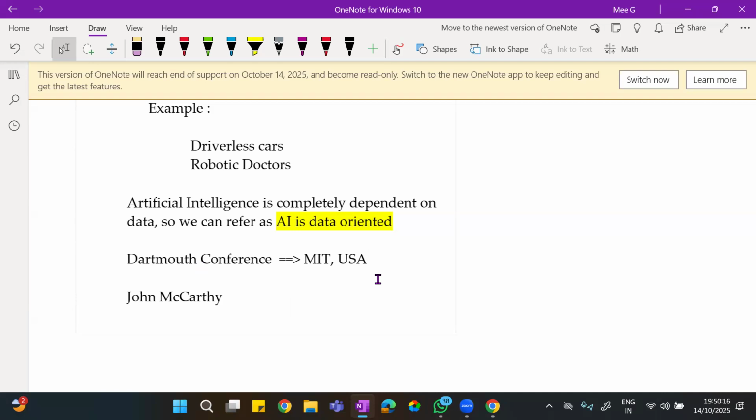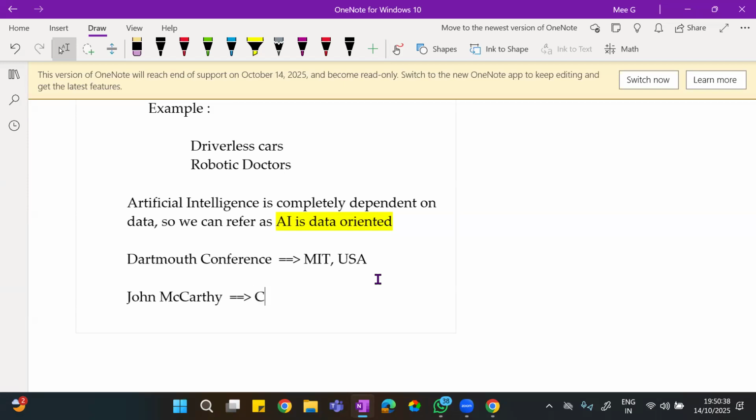We call him John McCarthy, and he came down and started explaining about passing intelligence on to the machines. And he used the term for the first time. What is that? Artificial intelligence.